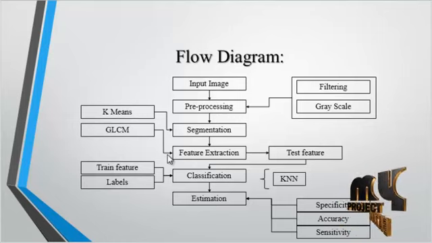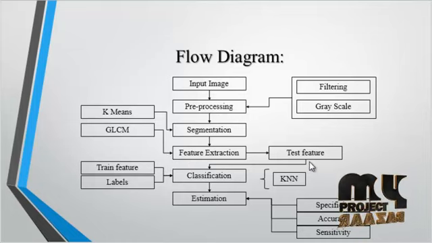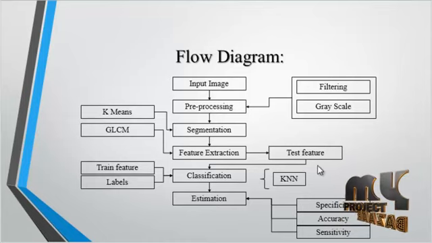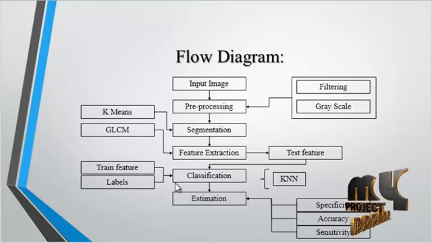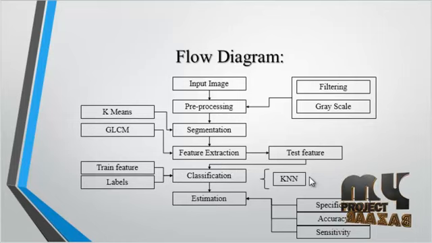After extracting the features with GLCM, the test features are generated. The test feature is nothing but the features of the input image which we have taken for the process. After the test feature is generated, the classification will be done by using the KNN classification method.